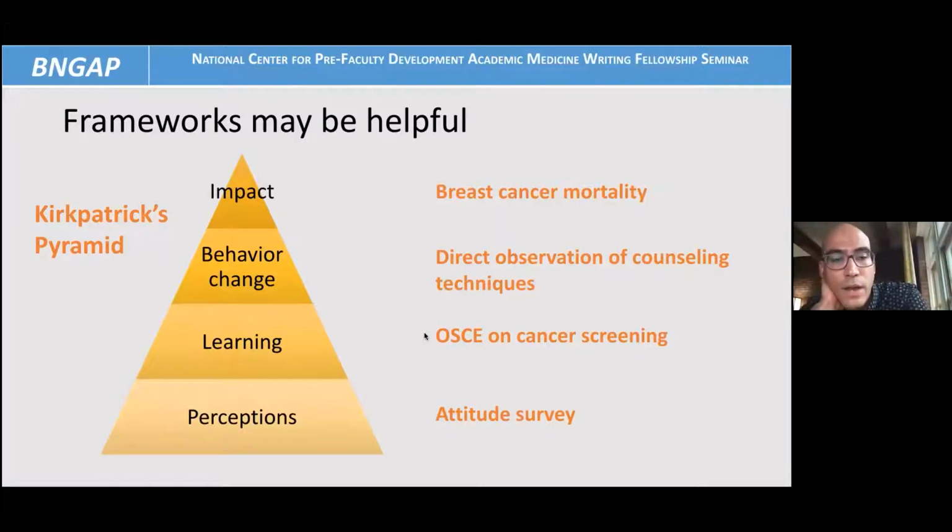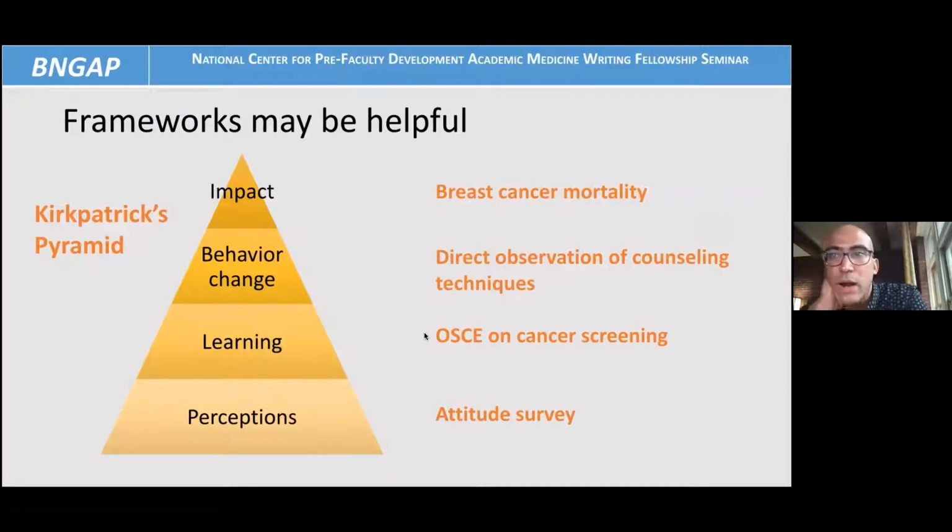Level 1, the perceptions level, oftentimes refers to how participants react to training. So this is where attitude surveys or satisfaction surveys or confidence surveys might be used to capture these perceptions. Level 2, learning, oftentimes deals with a slightly deeper understanding in the training. So was there an increase in knowledge or an increase in skills or experience?